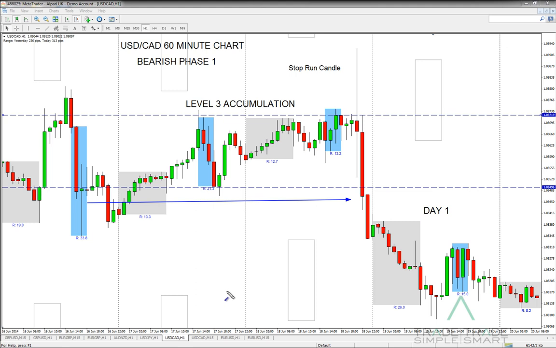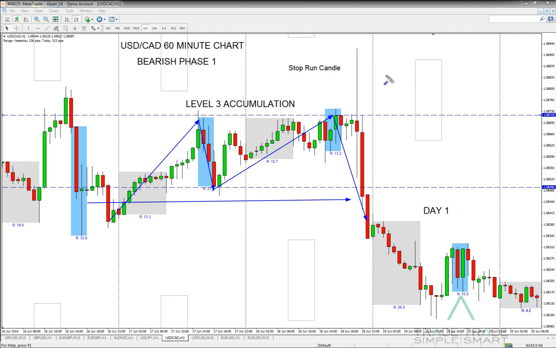Once we have the direction of phase 1, we're going to be looking on our 15-minute chart to trade in line with the smart money trend. So during the accumulation process, we have that M formation, which is typical of level 3 accumulation.